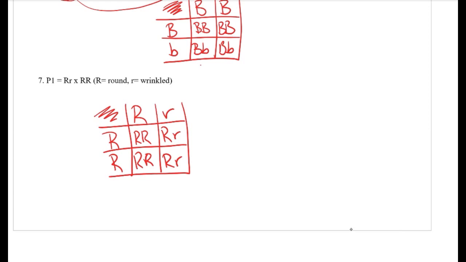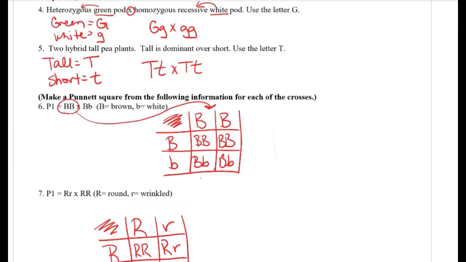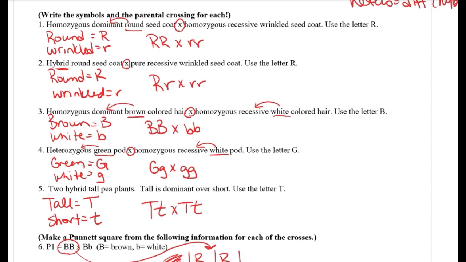Okay? So that is our first worksheet. Like I said, the next one will get more in depth, but make sure you understand this completely. I cannot stress enough, do not change letters. So I should not see different letters for one allele. When we get to dihybrid, you will have 2 letters, one for each trait. Okay, well, thank you, and if you have any questions, just let me know.